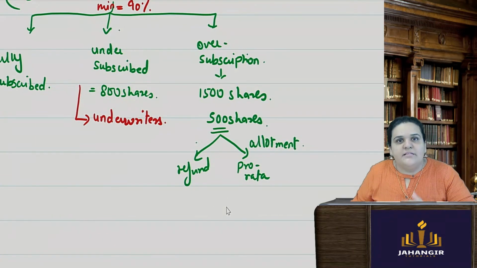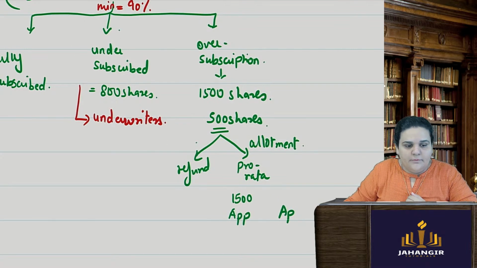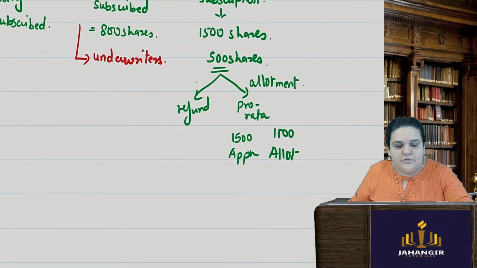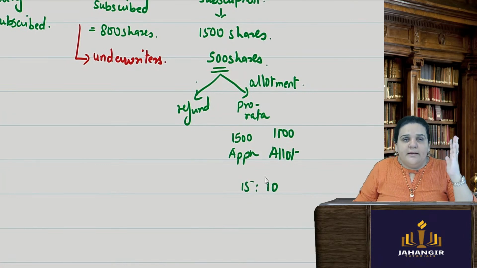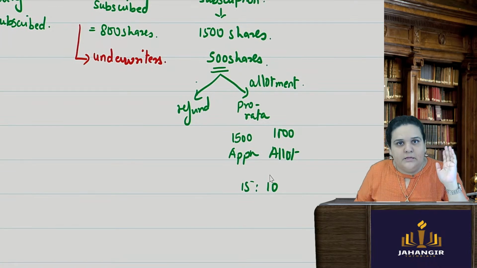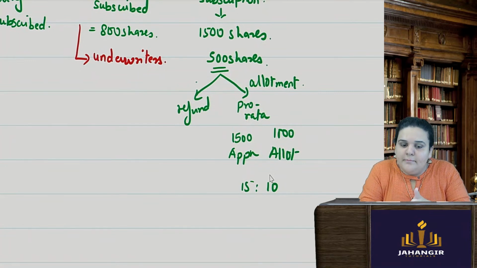Pro rata means, say for example, applications for 1500 shares are received, but allotment can be done only as per 1000 shares. So my ratio will become 15:10. If anybody has applied for 15 shares, I'll not give you 15, but I'll give you 10. So refund does not happen; pro rata adjustments take place.